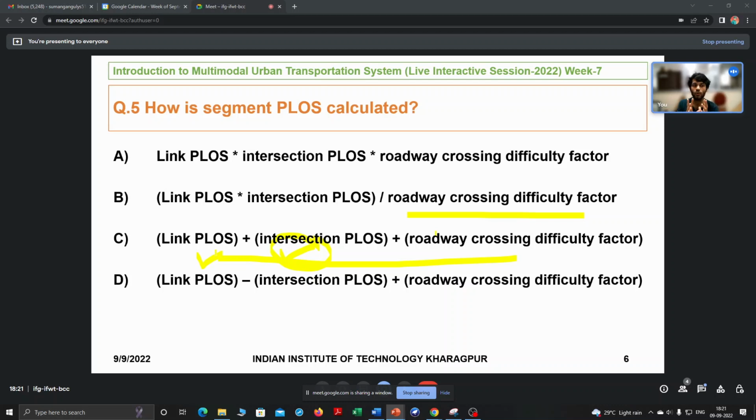Based on that, you take that PLOS score, and then you add this additional factor of roadway crossing difficulty. So this is the right answer, not anything else. It is just a multiplication. These are not the right answer. This is also not the right answer. So C would be the right answer.